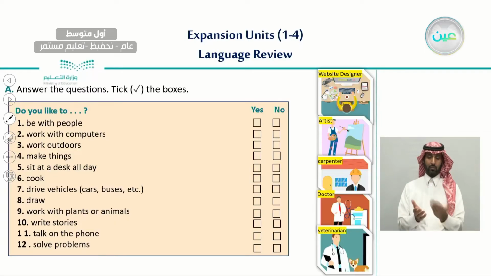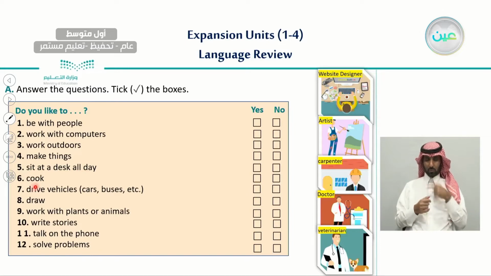So for example, do you like to be with people? Number 2, do you like to work with computers? Number 3, do you like to work outdoors? And number 4, do you like to make things? And number 5, do you like to sit at a desk all day?